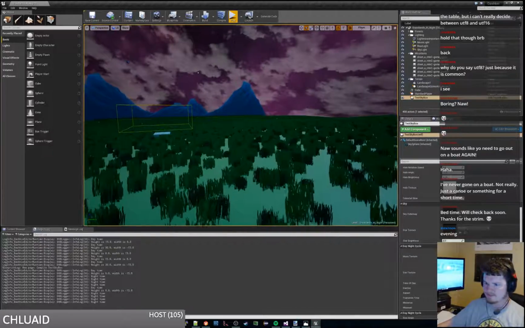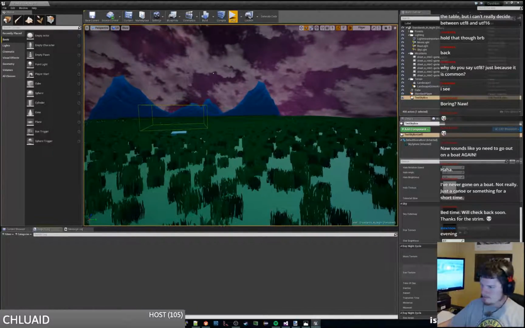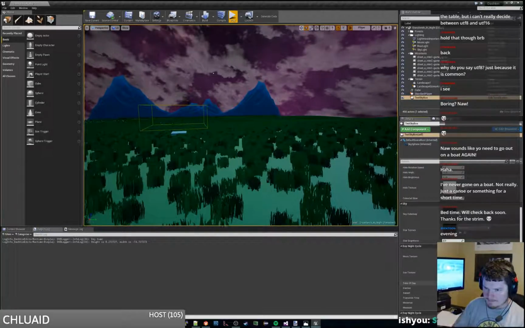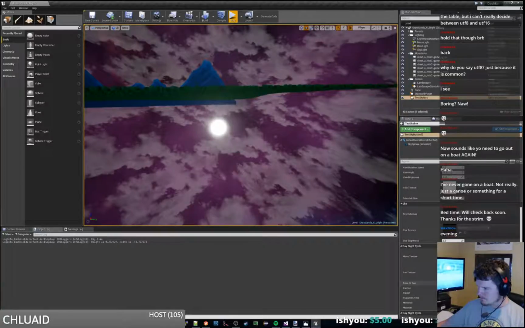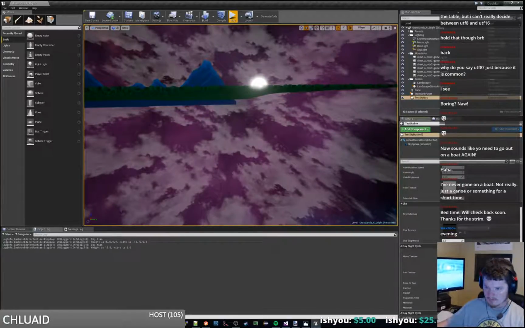Alright, so it's 6.5. The height is 0.27 and the width is negative 14. Alright, that's looking correct. And at noon, the height is 15, the width is 0.